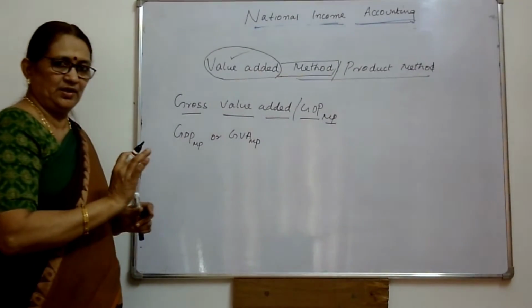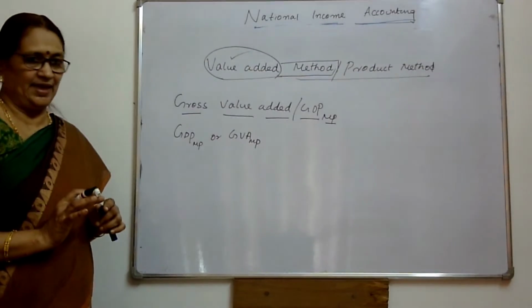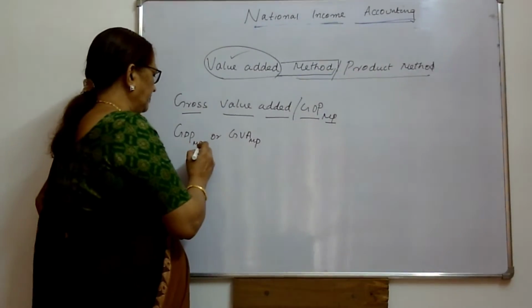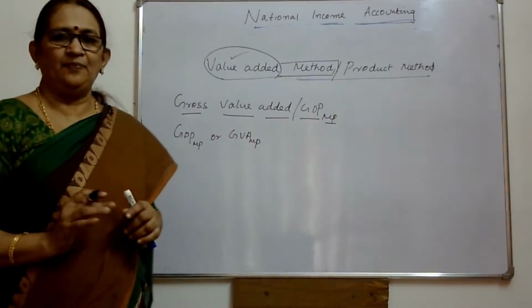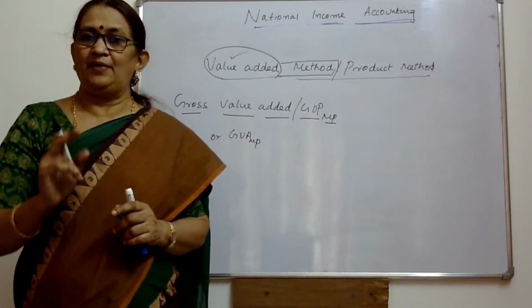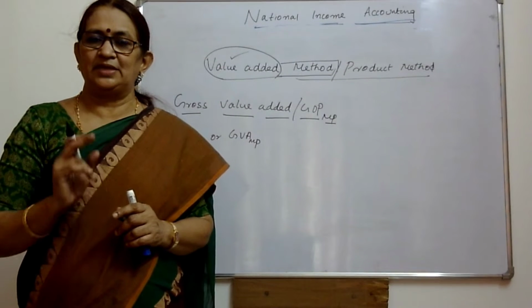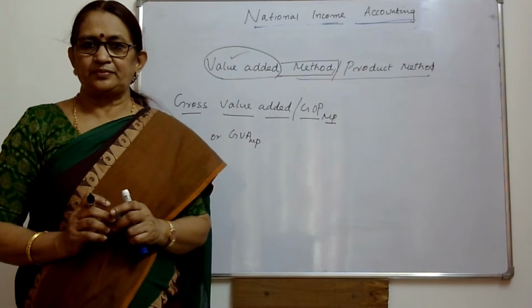Domestic does not include NFIA. Market price includes net indirect taxes. So GDP at market price or gross value added at market price is the total money value of all the final goods and services produced in a country in an accounting year.